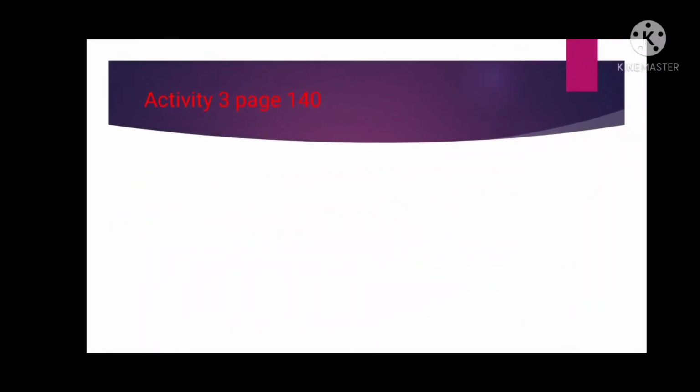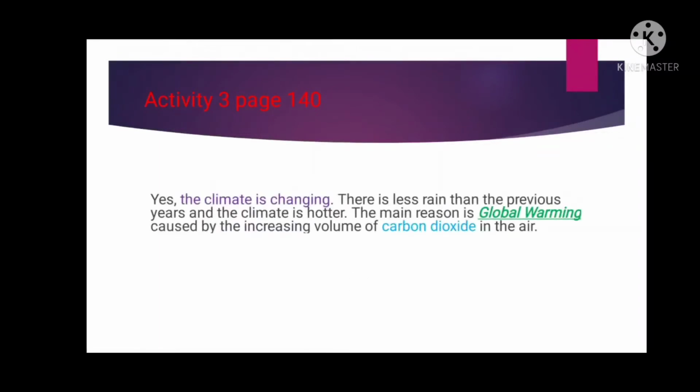Now we are going to move to activity 3. Do you think that the world climate is changing? Of course, yes, it is changing. There is less rain than in previous years, and the climate is becoming hotter and warmer.